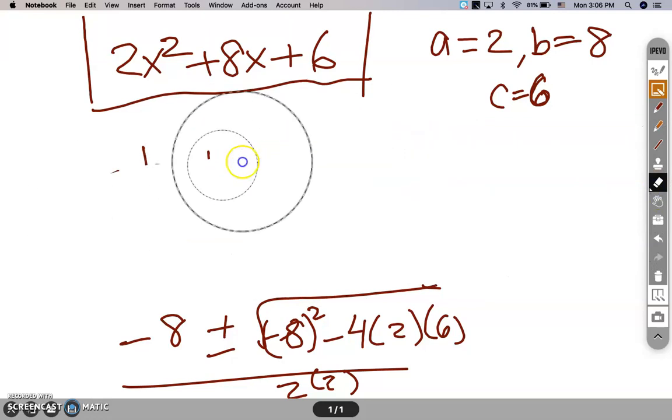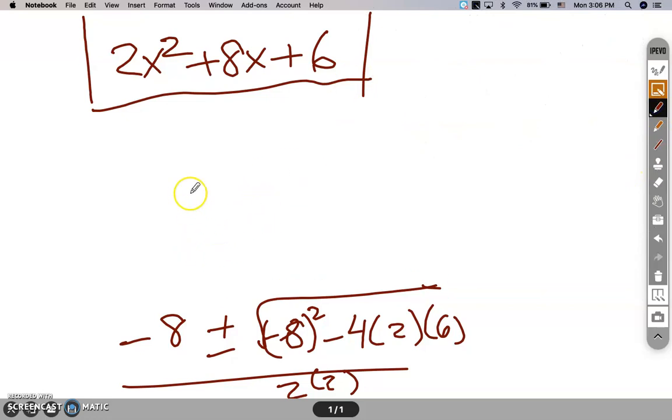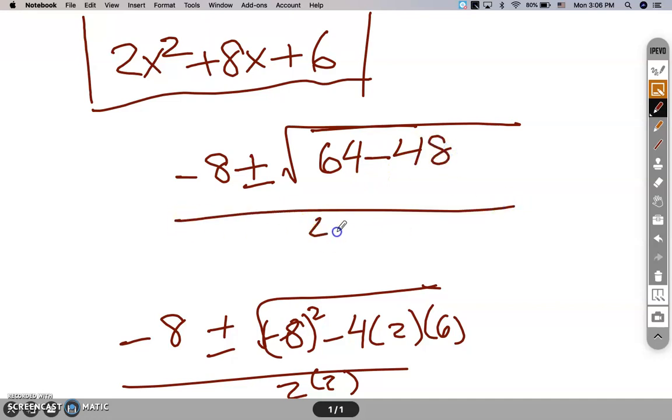So now let me get rid of this so we have some space, okay? Now we just solve for it. So minus 8 plus or minus the square root of 64 minus 48, divided by 4.